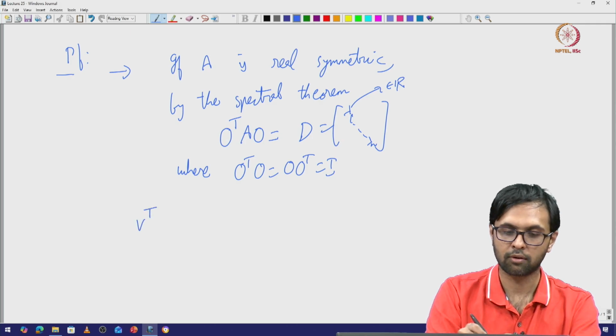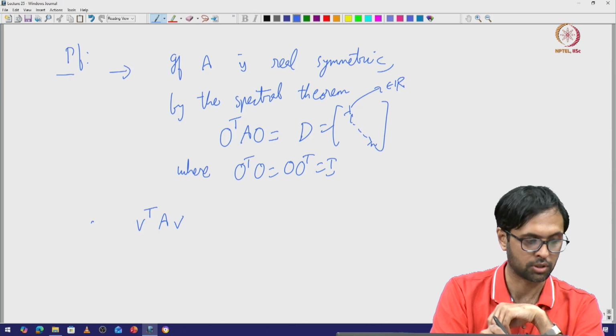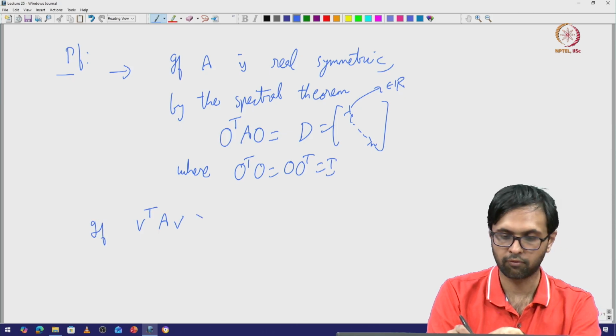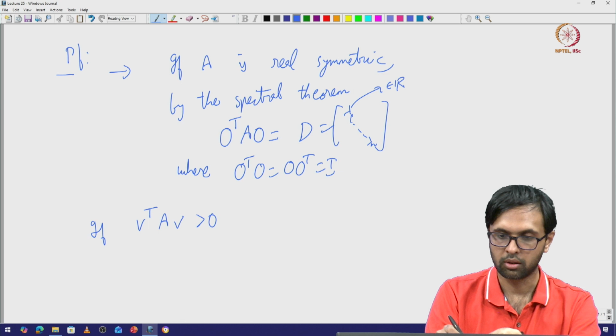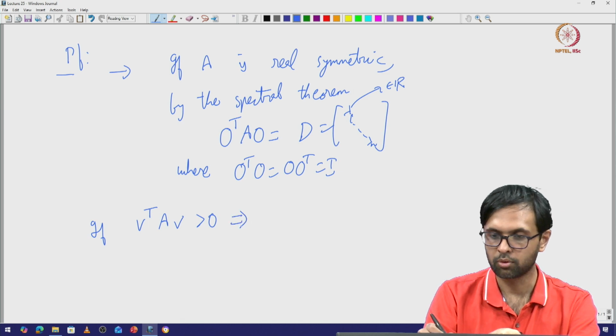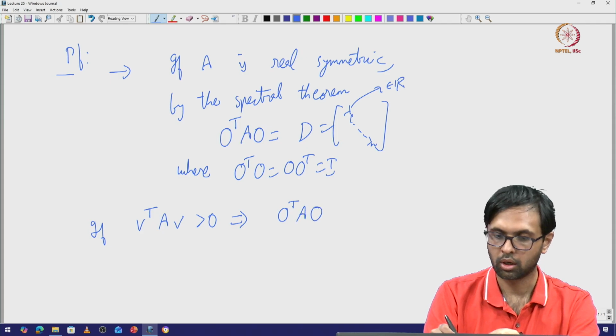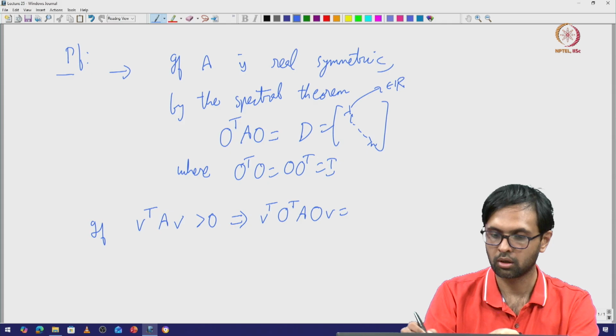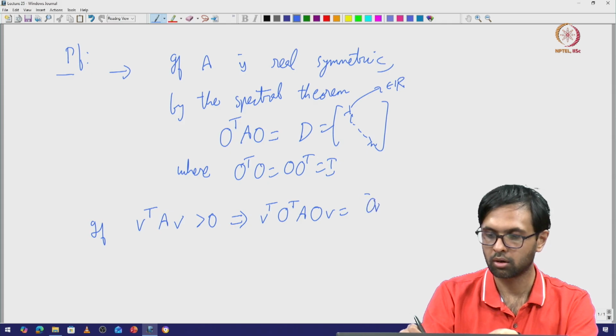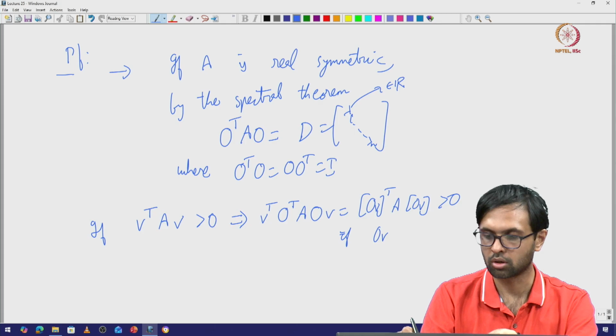So if A is positive definite, what would that mean? If you take O transpose AO times V transpose V, this is OV transpose AOV, which is positive if OV is not 0, which means V is not 0.